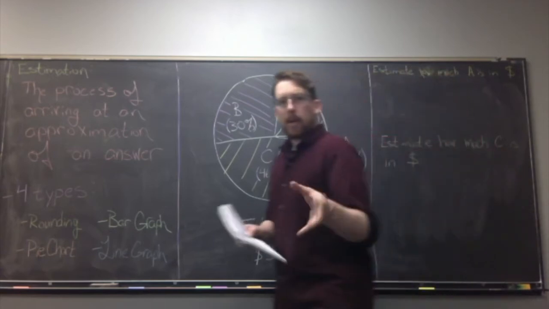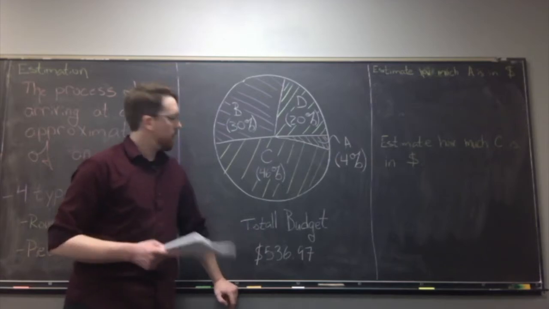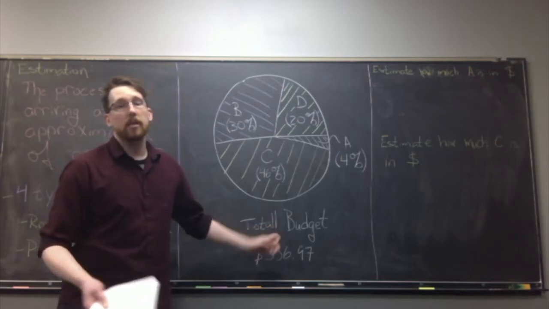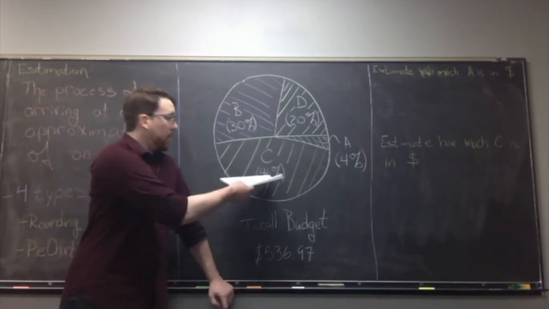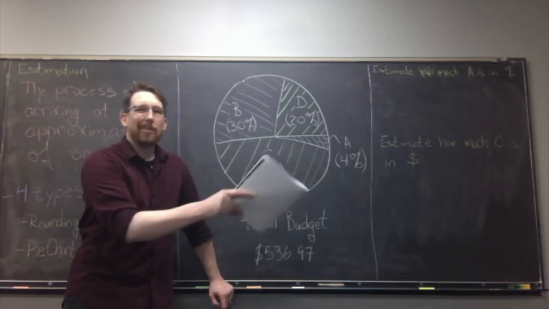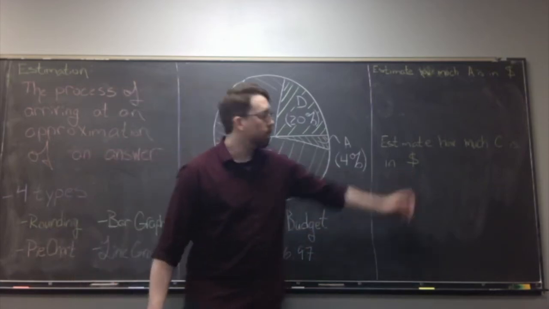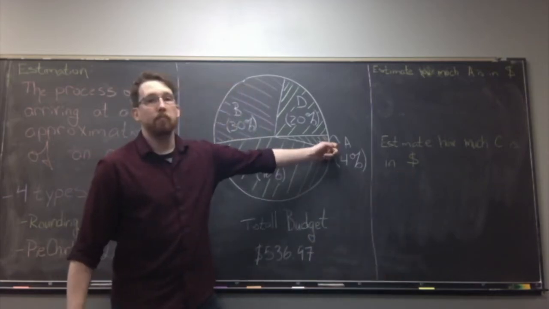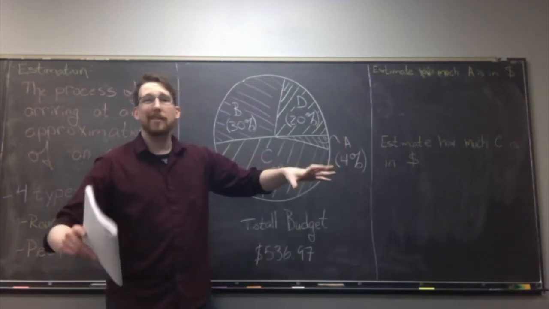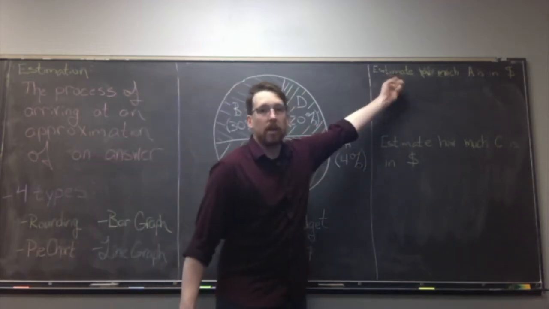Now, let's say that our individual wanted an estimation of how much C is of the total budget. We know that C takes up 46% of the budget, but what is that value estimated out as dollars? That's what we're asking here. Similarly, A. We know A is 4% of the budget, but we want to know what that is as an estimation in dollars. That's what we're going to be answering here.